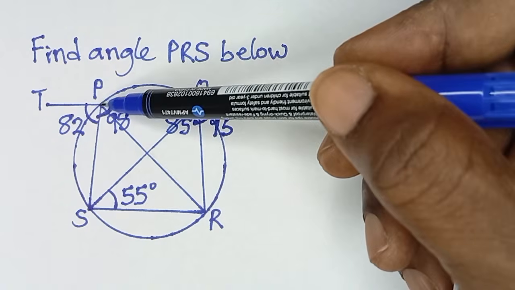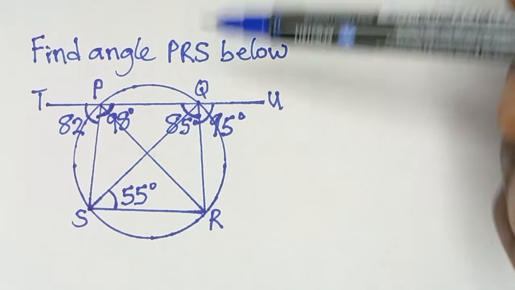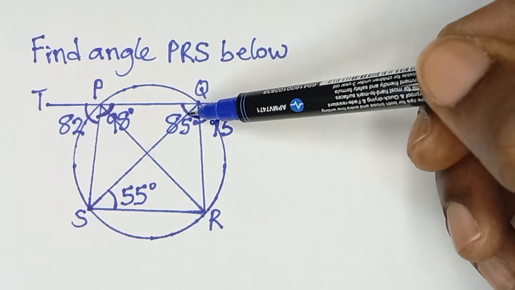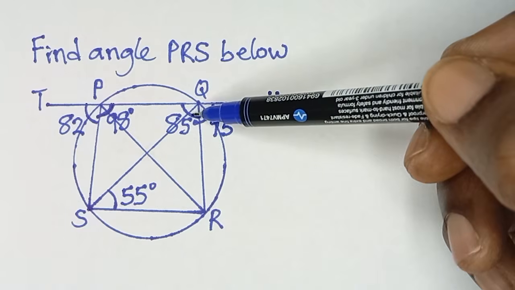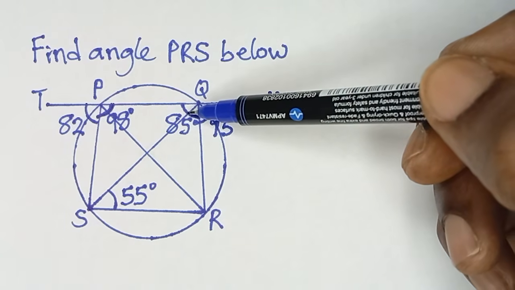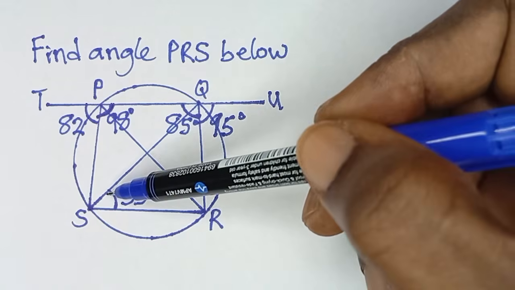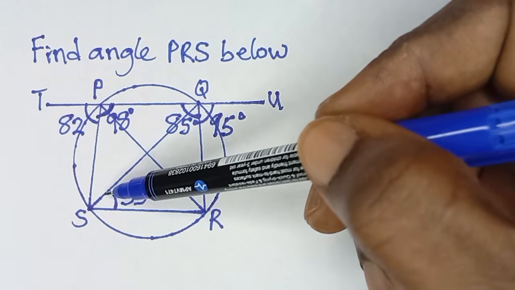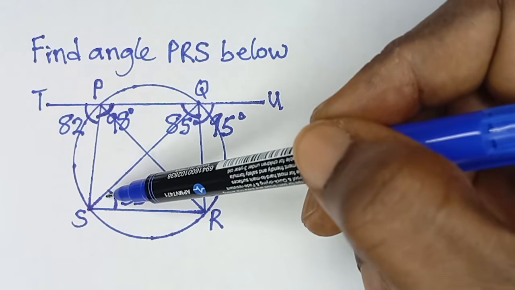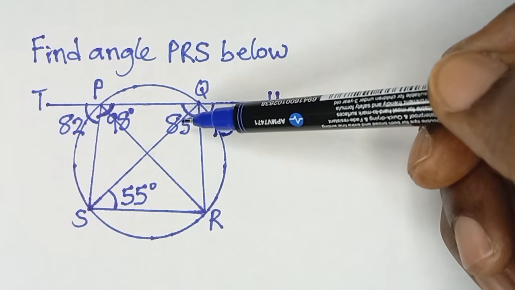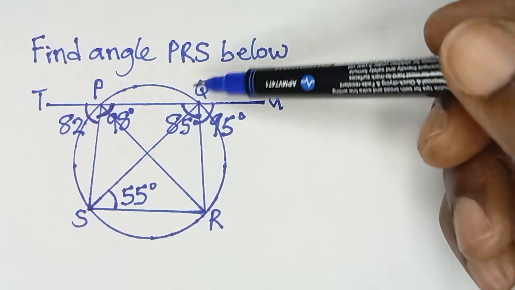And we all know that one of the theorems of a cyclic quadrilateral is that the opposite angles of a cyclic quadrilateral sum up to 180. That is, they are supplementary. That means if you add them, it's going to give you 180 degrees.